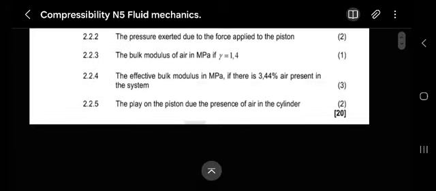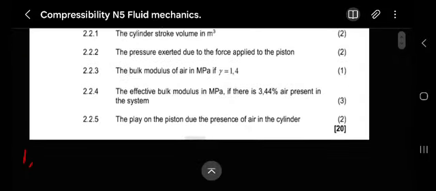So 2.2.1, the volume V must be equal to the area multiplied by stroke length.